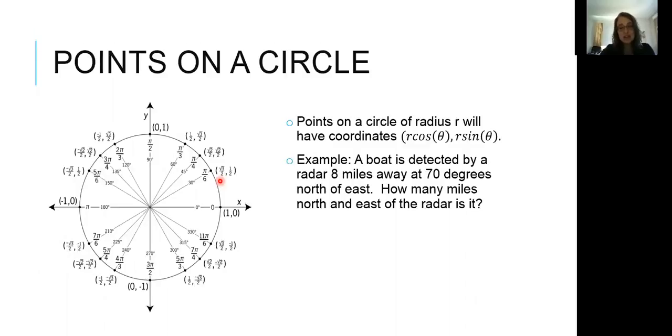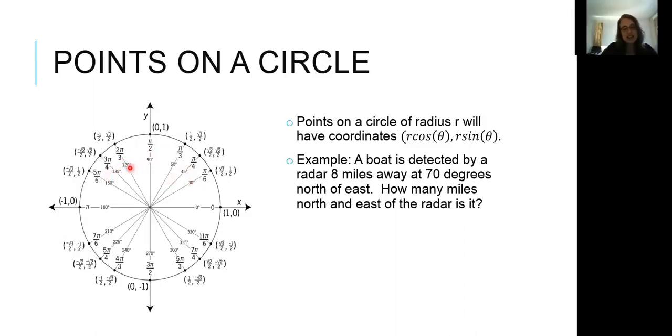So what you actually need to be able to regurgitate is the sine and cosine of these angles: 0, pi over 6, pi over 4, pi over 3, and pi over 2. You actually need to be able to do that for 2 pi over 3, 3 pi over 4, and 5 pi over 6.